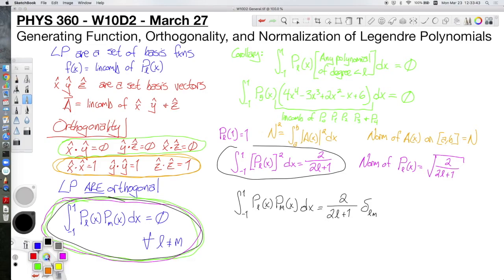So I know we just learned about the Dirac delta function, and here is another delta function. This is called the Kronecker delta.